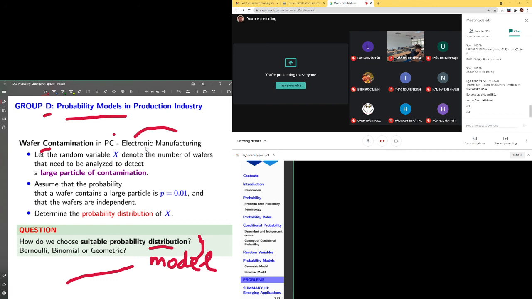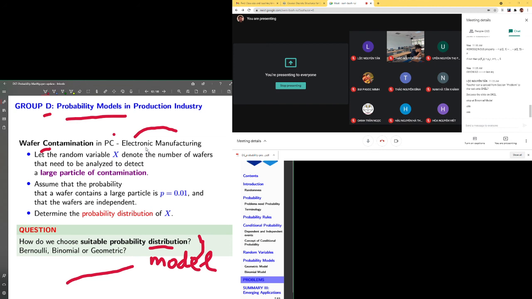Assume that one wafer, like one main board of a computer, has a probability of 1% to contain a defective particle. And you want to determine the probability model for that.